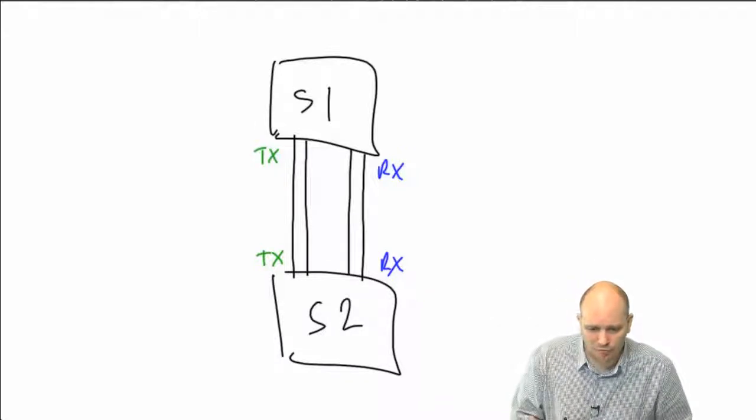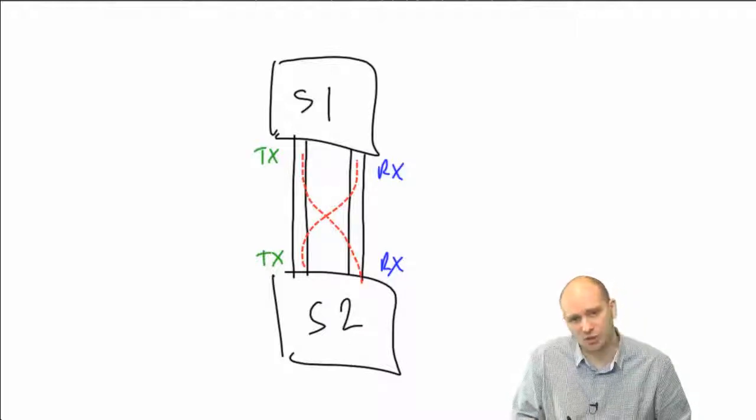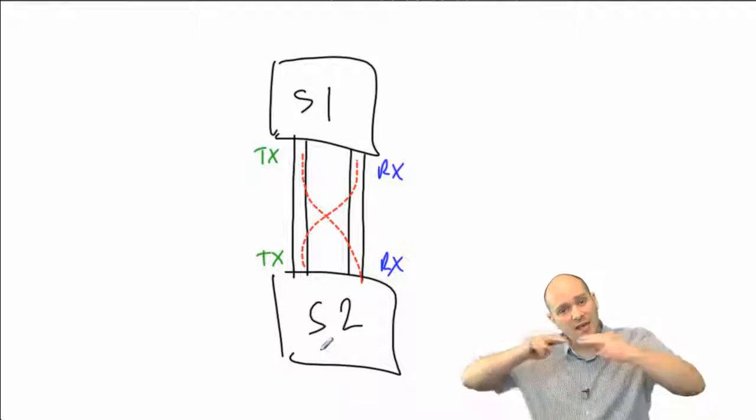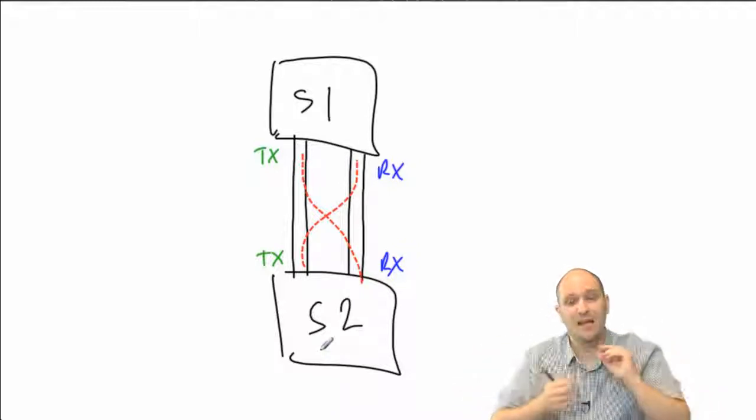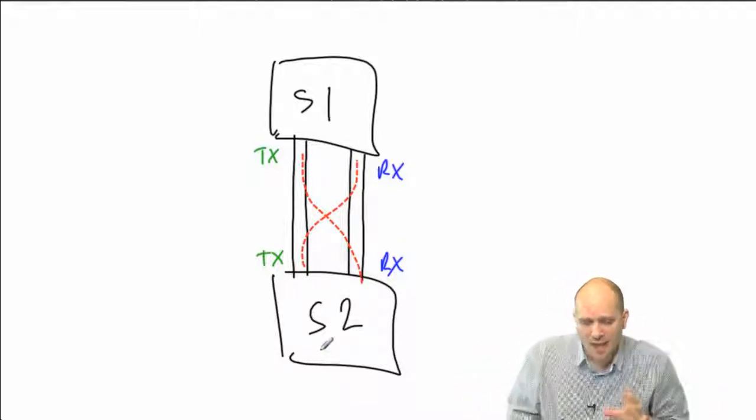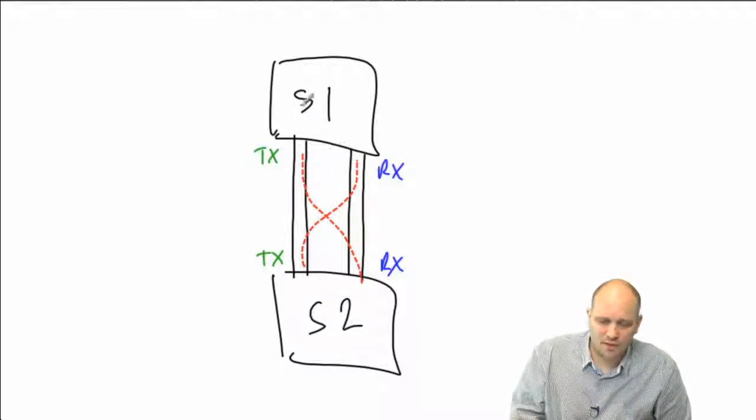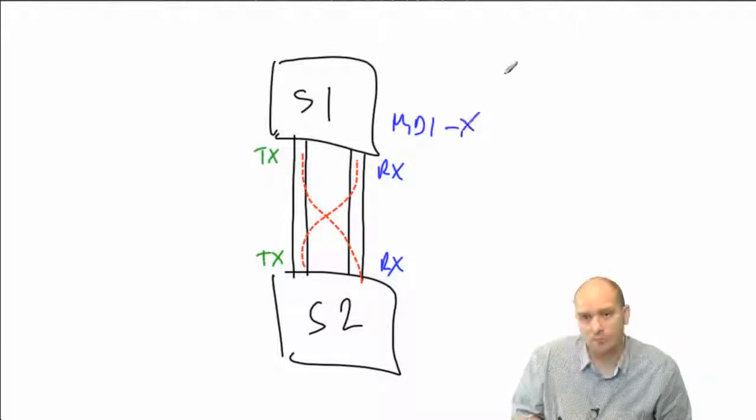This used to be solved by using a crossover cable. A cable that is actually going to make a cross here so that we invert receive and transmit in the cable itself. That is because switches have ports that operate in MDI-X mode.